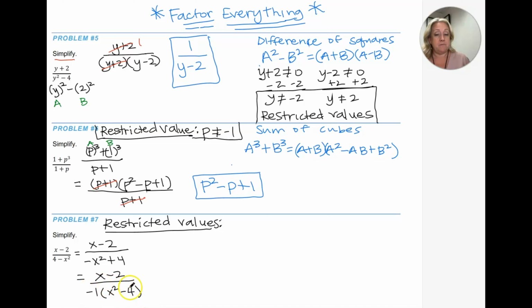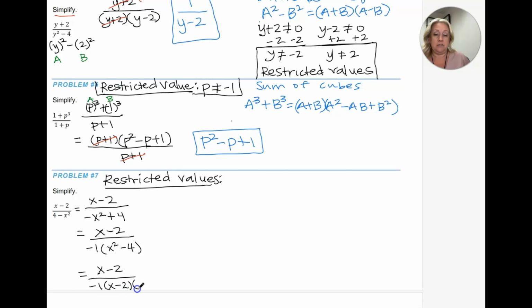I still need to factor the denominator more so we can figure out what those restricted values are going to be. This is another difference of squares like we had up here. So that means the denominator will factor to be -1 times x minus 2 times x plus 2.